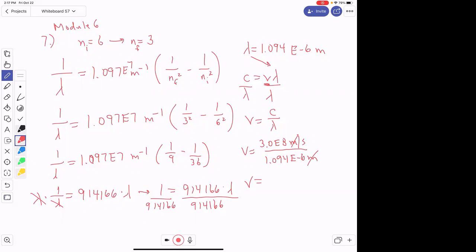And I get 2.74 e to the 14th for my frequency. All right, which is choice B, it looks like, for the homework assignment.